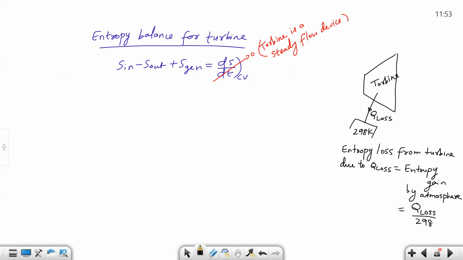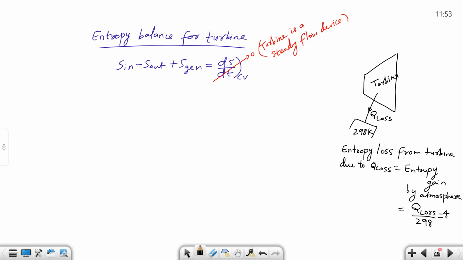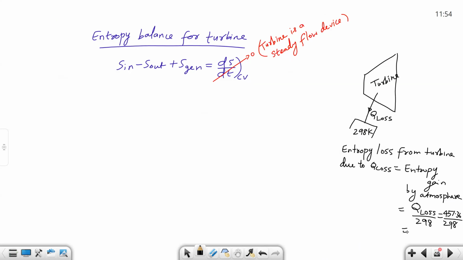The heat loss will be 451.36 kilowatt. 451.36 by 298 is 1.515 kilowatt per Kelvin.